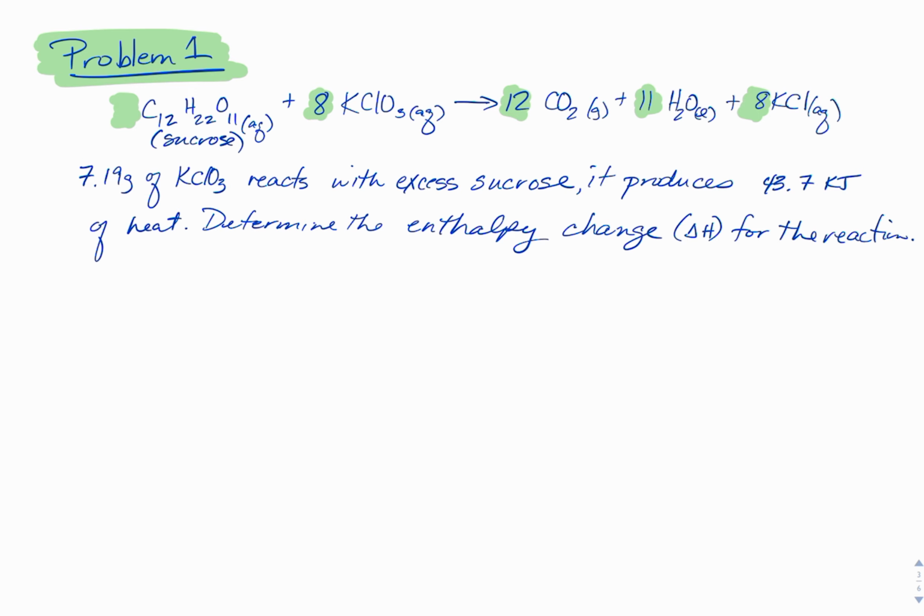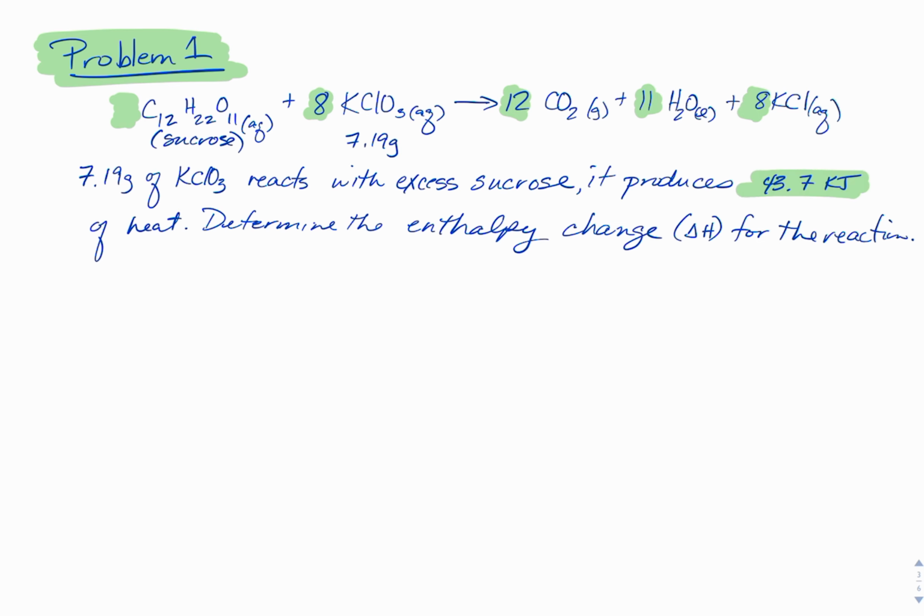The question says that if you started with 7.19 grams of potassium chlorate and it reacts with excess sucrose, it produces this amount of energy, 43.7 kilojoules.